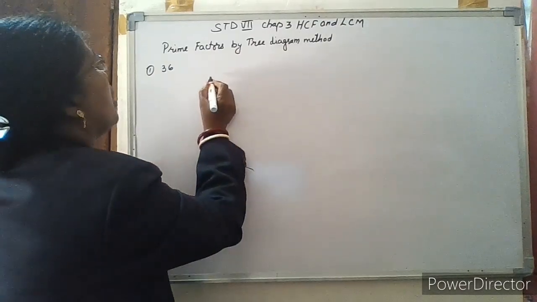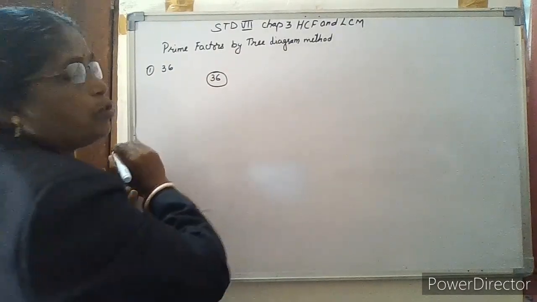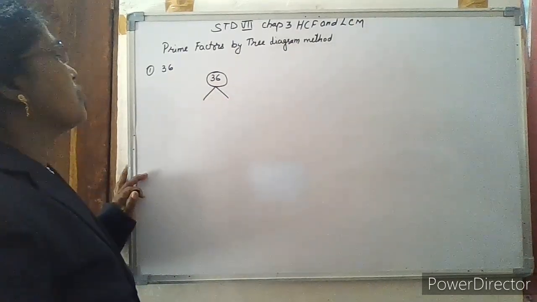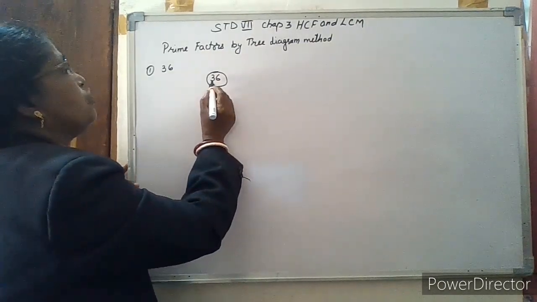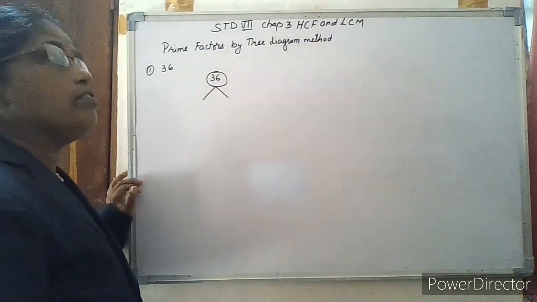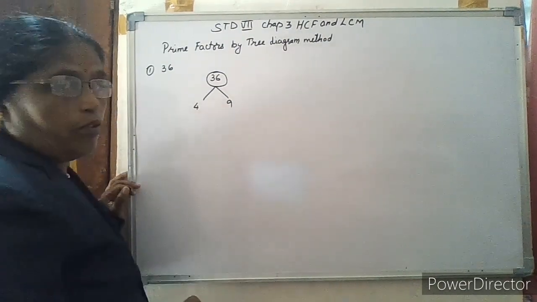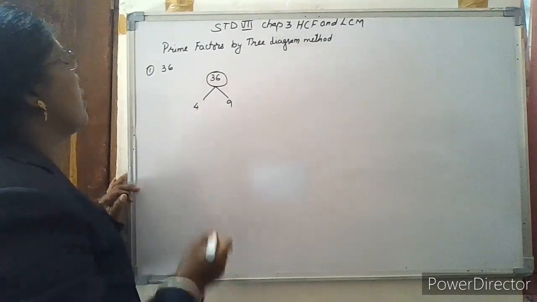Now take 36, put it in a circle, and draw two lines this way. Now see, 36, where does it come? 4 nines are 36. Any table you can take, or 12 threes are 36, any.